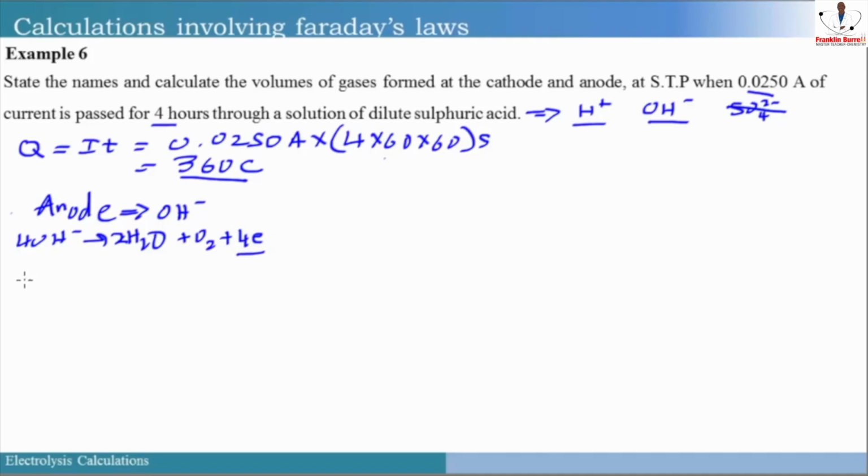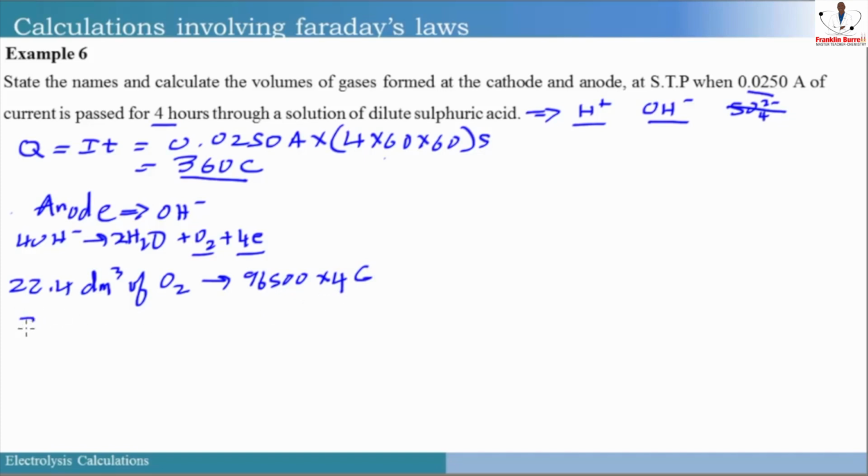Let's work out the volume produced for 360 coulombs using the molar volume, which is 22.4 dm cube per mole. So 22.4 dm cube of O2, since O2 is a gas liberated at the anode, will be produced by 96500 times 4 coulombs.